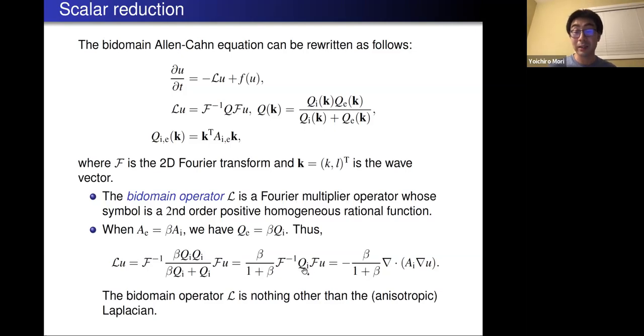The symbol just reduces to the symbol Q_I, which is a positive second order polynomial. So as you can see, when A_E and A_I are proportional to each other, you just reduce to the classical Allen-Cahn equation.